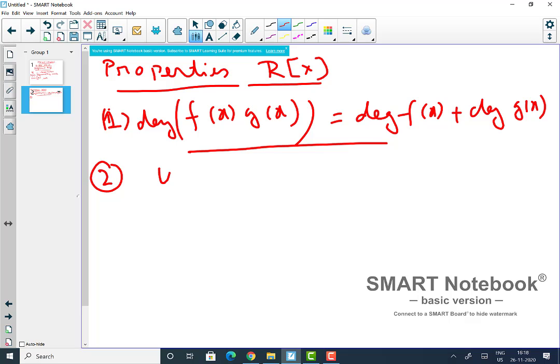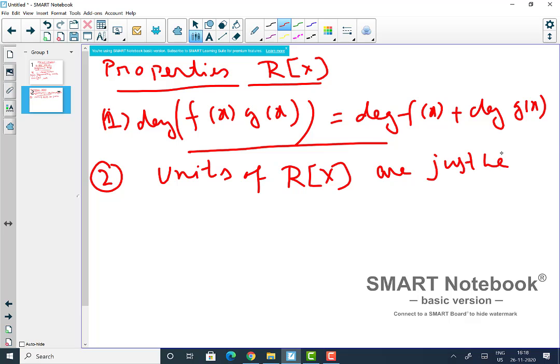The units of R[x] are nothing but just the units of the underlying ring R. So what does that mean?